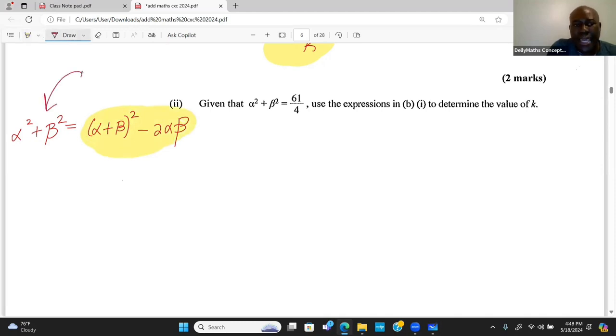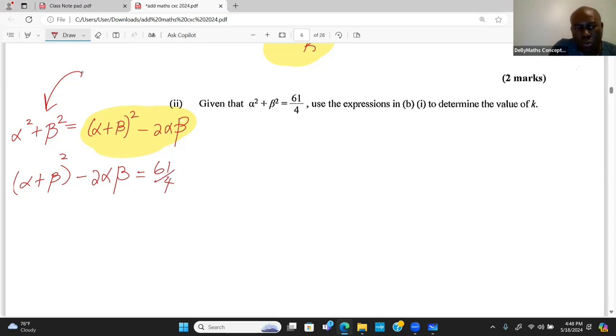This is an identity that we can use to represent this. So we take alpha plus beta, squared, minus 2 times alpha beta, and let that equal 61 over 4. Let us do our quick substitution.